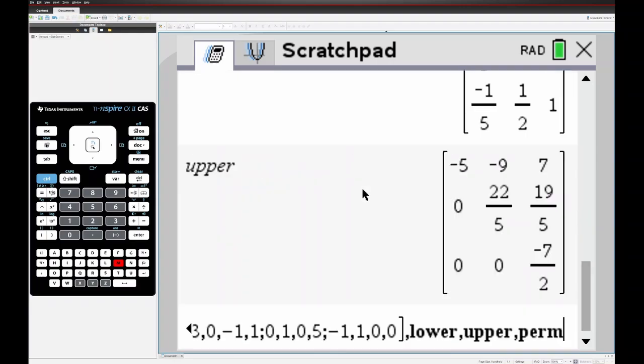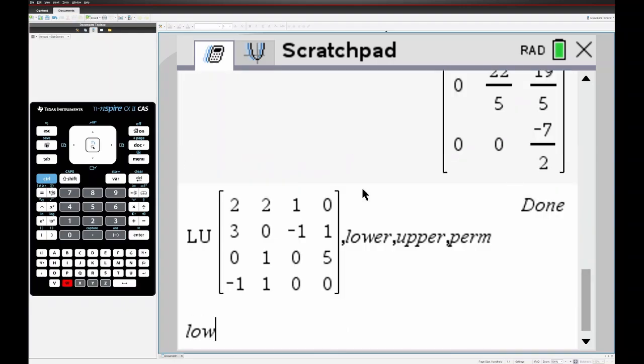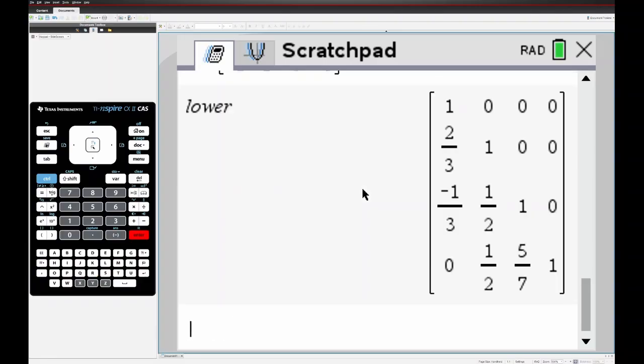It should stay as lower, upper. That's not too terrible compared to what I got.